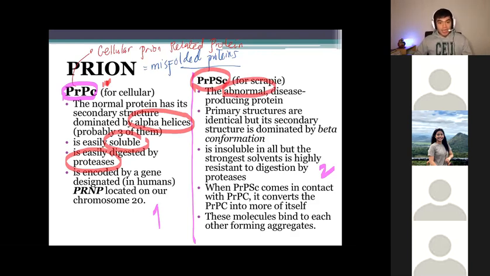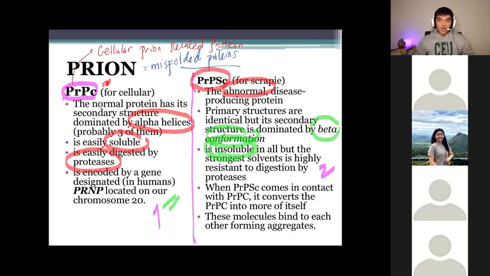As we check the structure, makinig, instead of having alpha helices, ang meron ay beta sheets. Magkaiba ba yung alpha at beta conformation sa secondary structure? Yes. Okay? Kaya yung structure ang magde-determine kung siya ba ay good or bad. Now, unlike the normal protein, this is insoluble, yung PrPSc, insoluble.